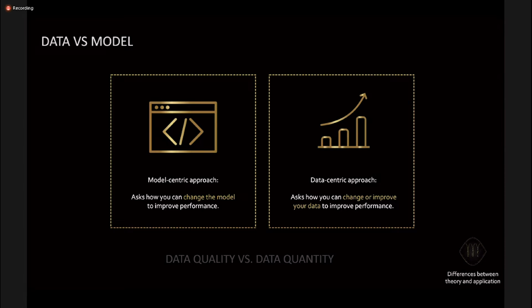So what does that mean? That means that you are always focusing on building better, more sophisticated models. You are always trying to tune the model to deliver the performance that you want.